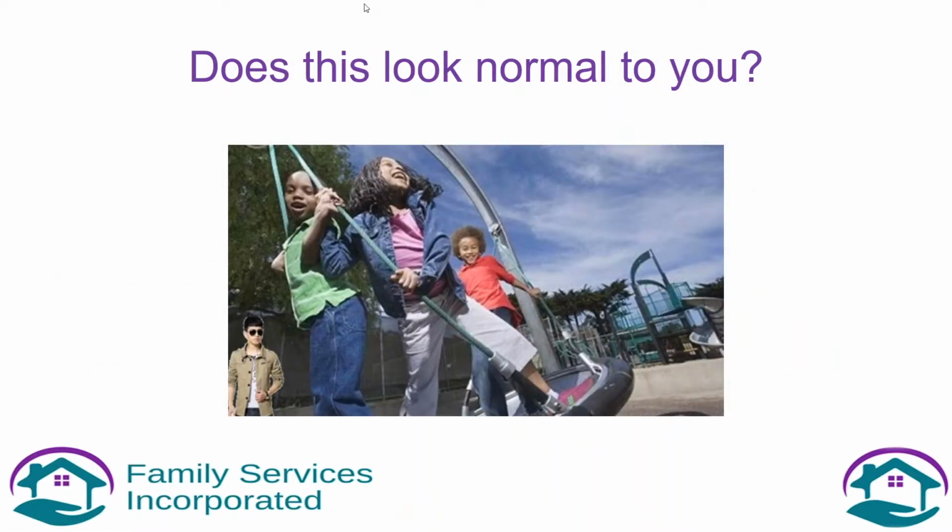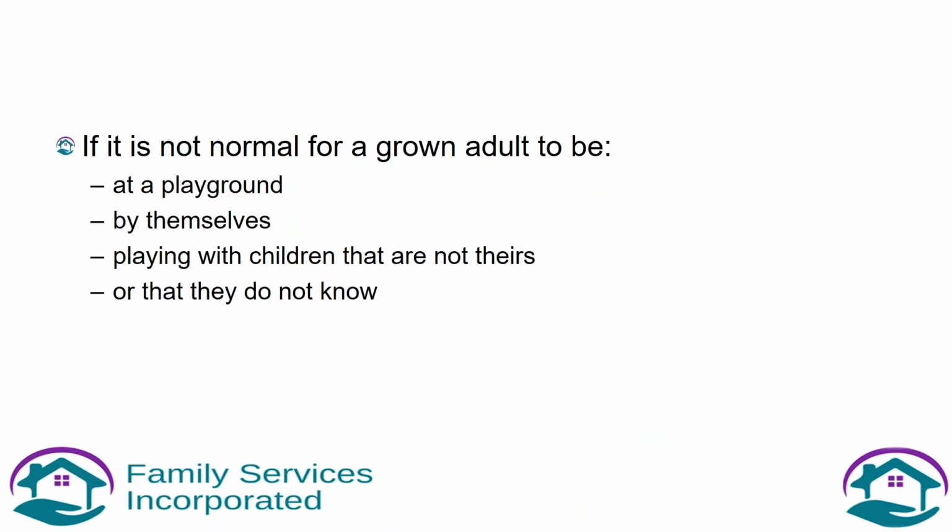So take a minute, look at this photo, and tell me if this photo looks normal to you. I would hope you said no, because it's a weird looking photo. So why is it a weird looking photo? Well, because it is not normal for us to see grown adults just hanging around at a playground by themselves and possibly playing with children that are not theirs or that they don't know.